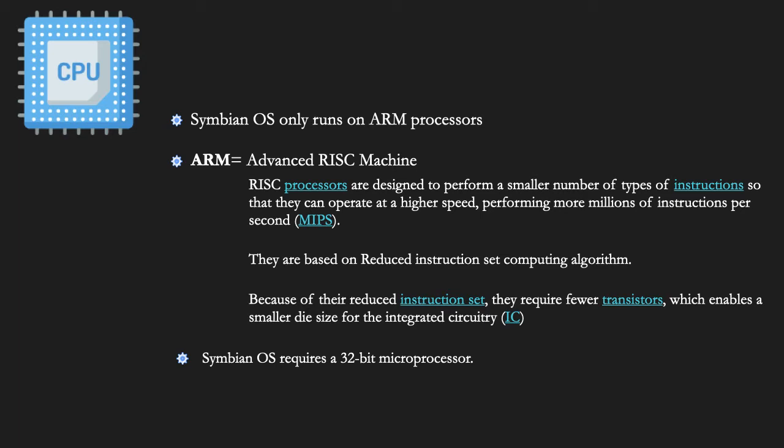It is a processor that runs an instruction set in fewer cycles per instruction compared to the more complex instruction set of non-RISC processors. ARM processors are designed to perform a smaller number of instructions so that they can operate at higher speed, performing more millions of instructions per second.